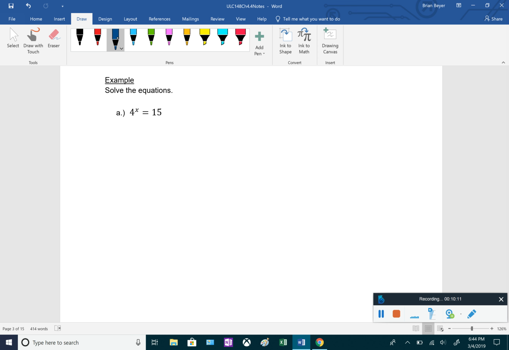The next step is to take the ln of both sides: ln of 4 to the x equals ln of 15. Next, we use the power rule. We bring down the exponent that's inside the input for the log. So it's x times ln of 4 equals ln of 15.